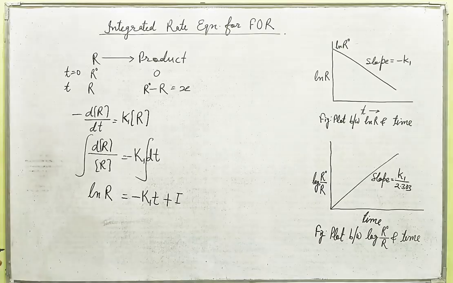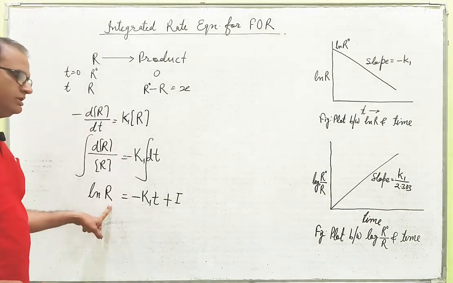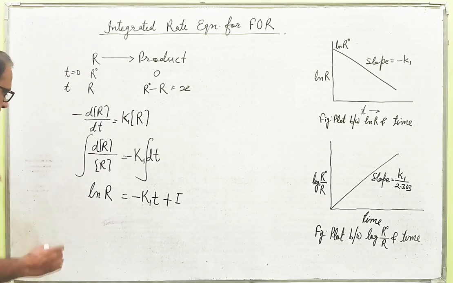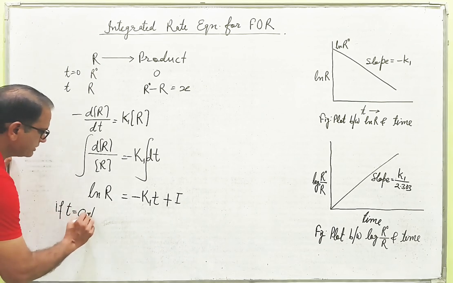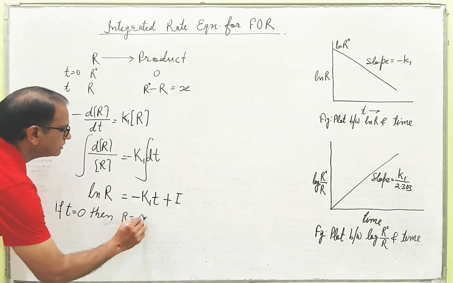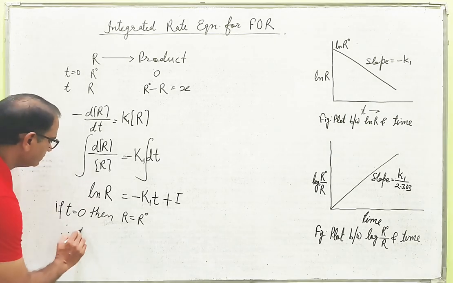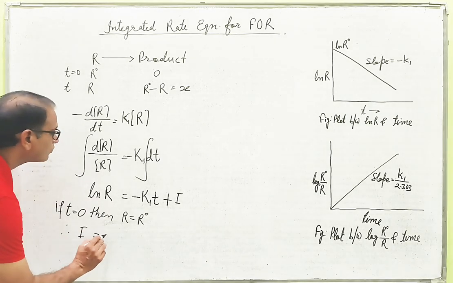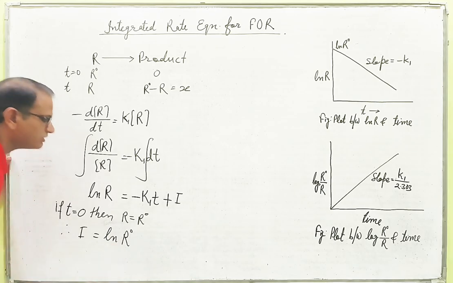The value of I can be calculated on the basis of conditions. So which are those conditions? If t is equal to 0, then R will be equal to R naught, and hence I will be equal to ln R naught.